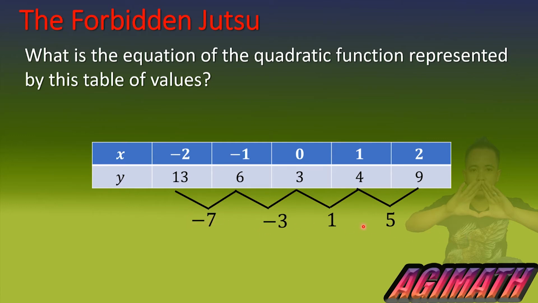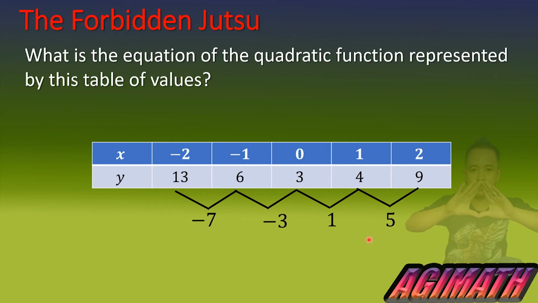As you can see, the differences are not equal, meaning this table of values is not representing a linear function, because for a linear function, the first differences should be equal. So now let us proceed with the second differences.